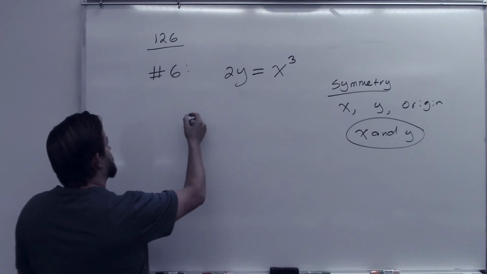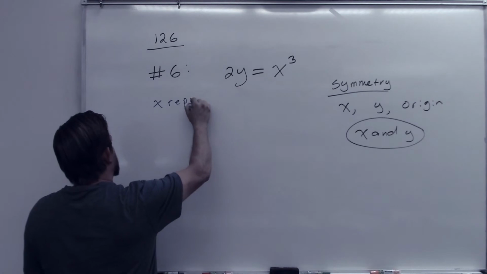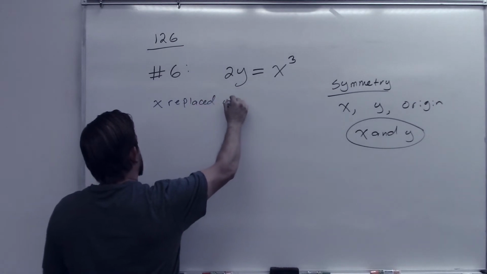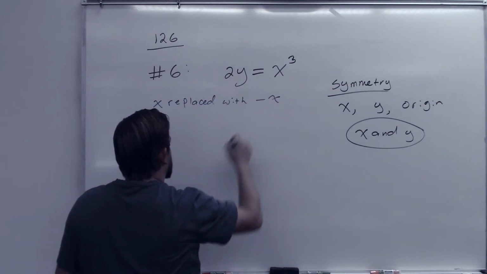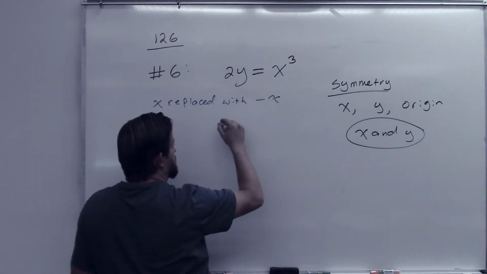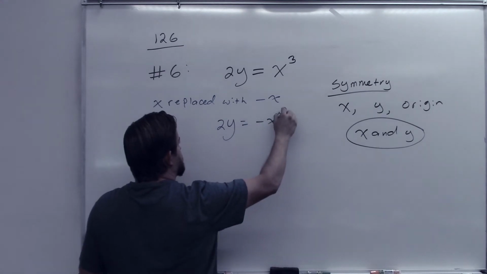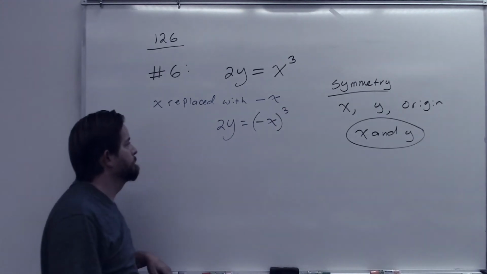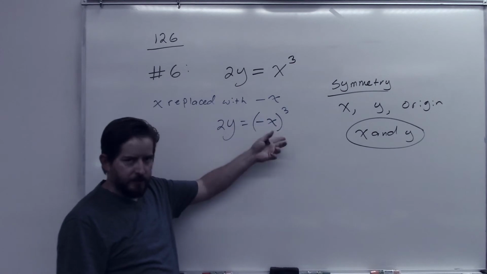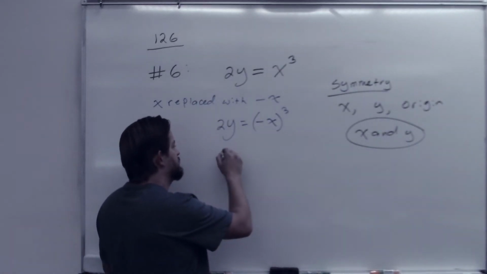So I have negative x replaced with negative x, right? Which is to say this x here becomes negative x, so I have 2y equals negative x to the third. But negative x times negative x times negative x is what negative x to the third is. That's still negative x to the third.